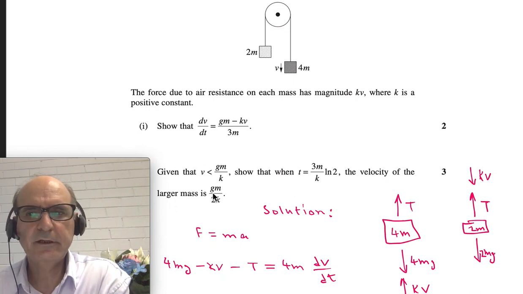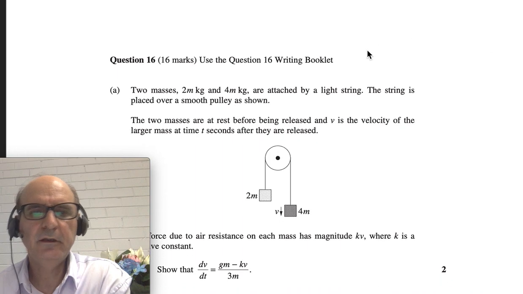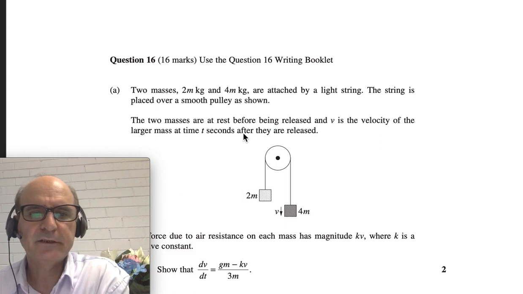In this session, we are looking at question 16 of the 2020 HSC Mathematics Extension 2. Two masses, 2m kilograms and 4m kilograms, are attached by a light string. The string is placed over a smooth pulley as shown.